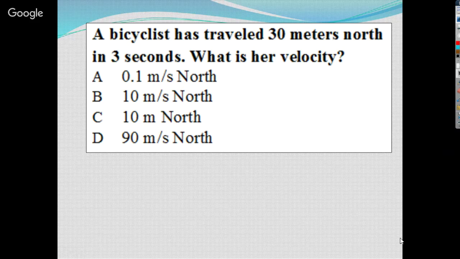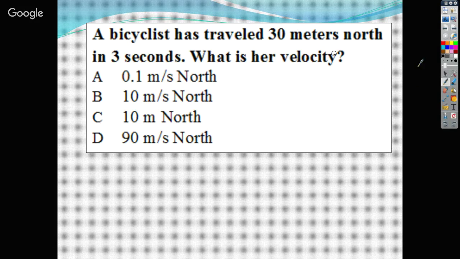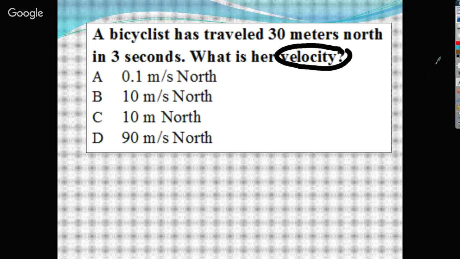A bicyclist travels 30 meters north in 3 seconds. So what equation do we use for velocity? What equation? That's not for, that's for a vector. Velocity is a vector, okay, but to get the magnitude, what equation do we use?